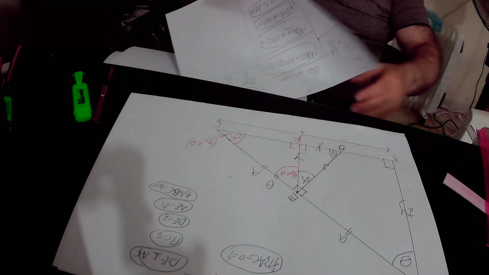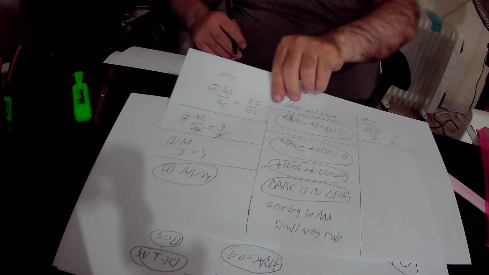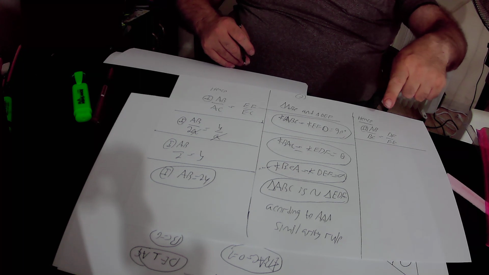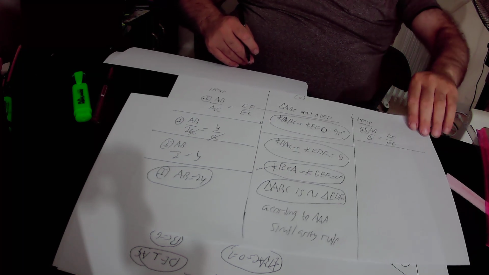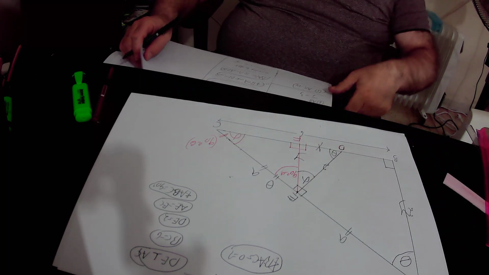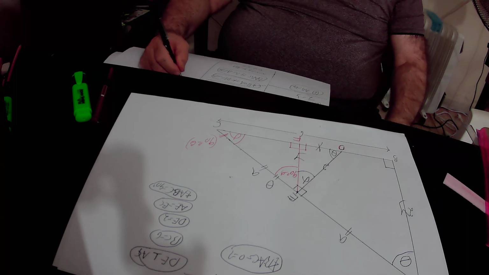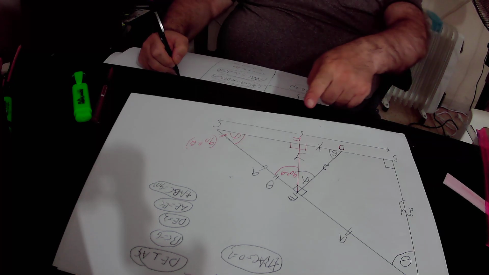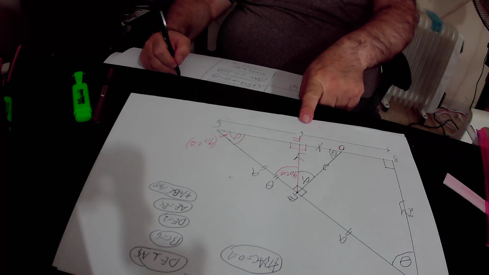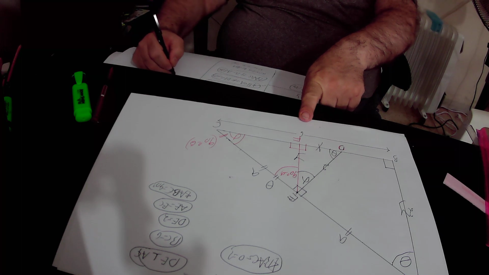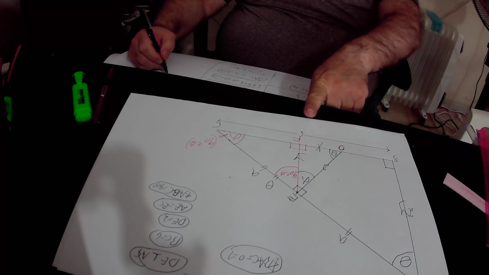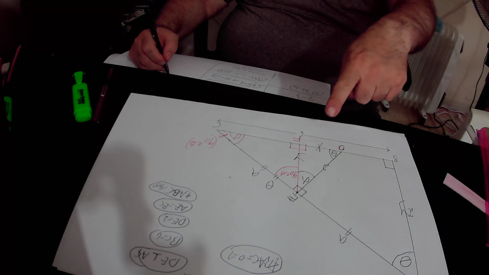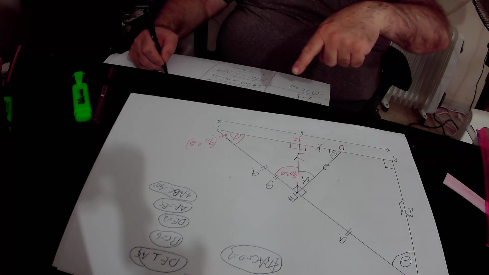I'll repeat again. AB over BC equals DF over FE. AB equals 2y, so we'll substitute AB by 2y. BC equals 6 units according to what is given in the question, so we'll substitute BC by 6. DF equals x according to our definition, FE equals y according to our definition.